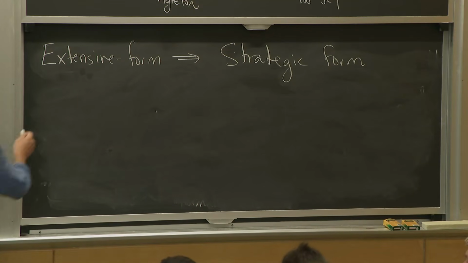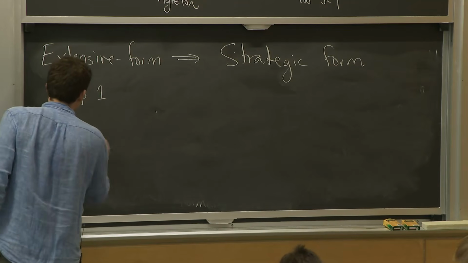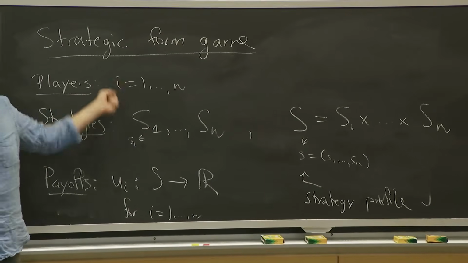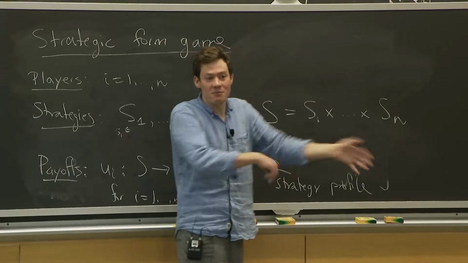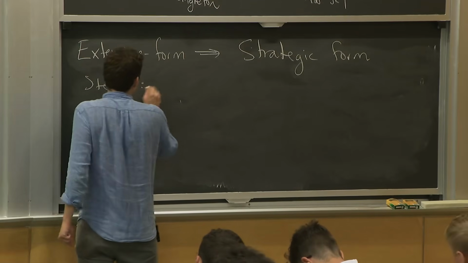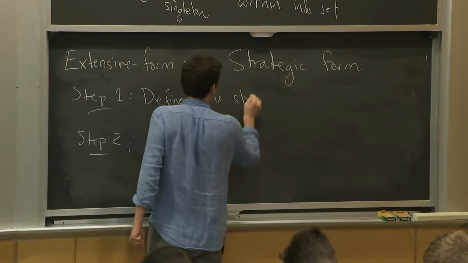Well, there's two hard steps. I mean, one step is just look at who the players are, but that's pretty easy, right? Once we have an extensive form game, we see who all the players are, and the players are going to be the same. So that's easy. The hard thing, or the two hard steps, are that we have to define the strategy sets.